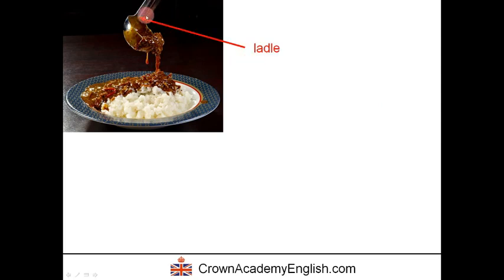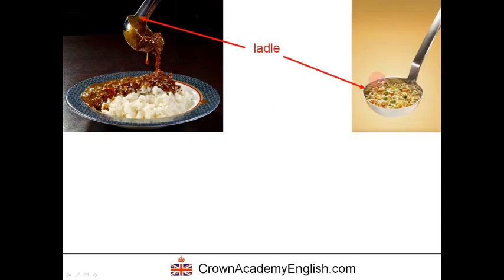This metal object is called a ladle. So it's a very flat and deep spoon. Okay? And here is another example. This is another photograph of a ladle.